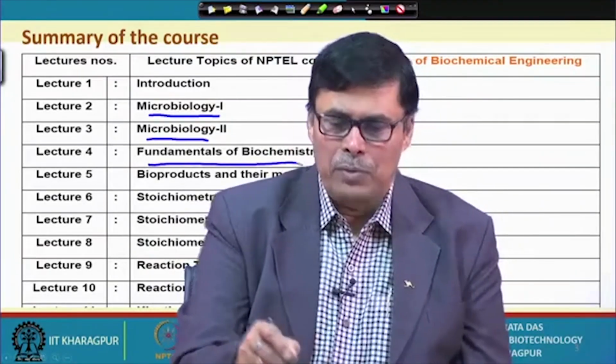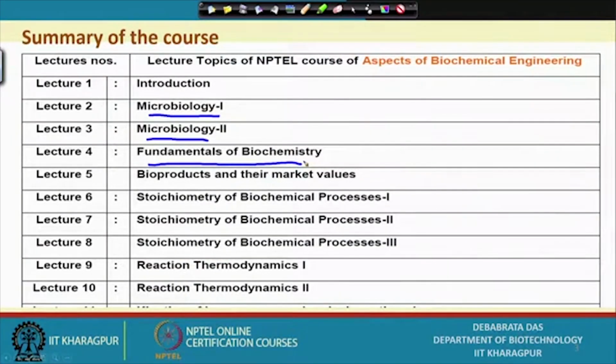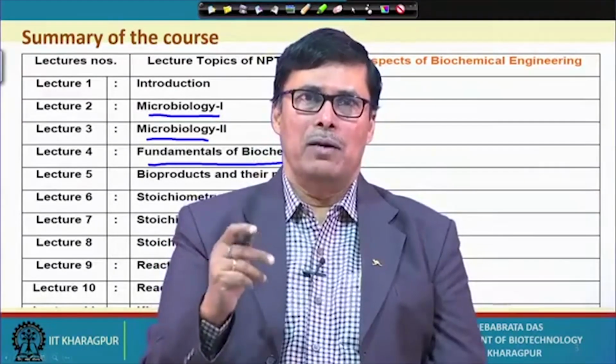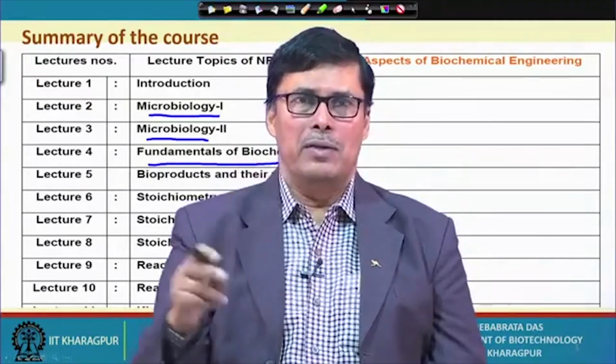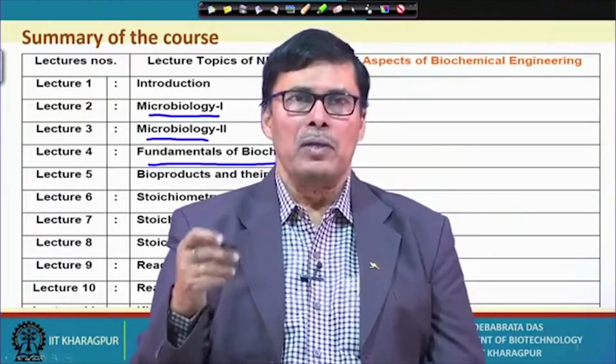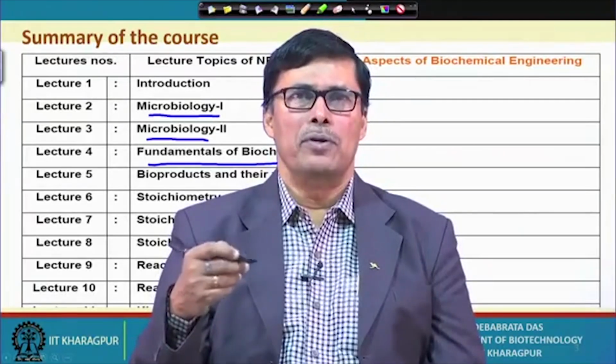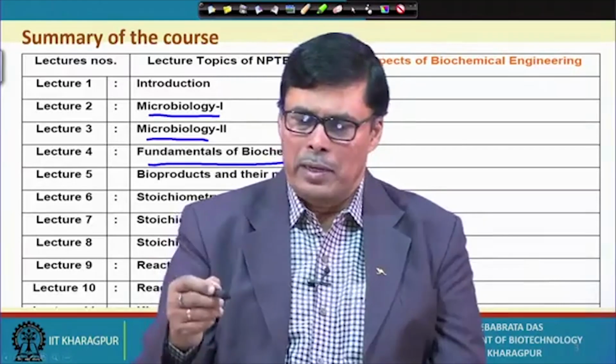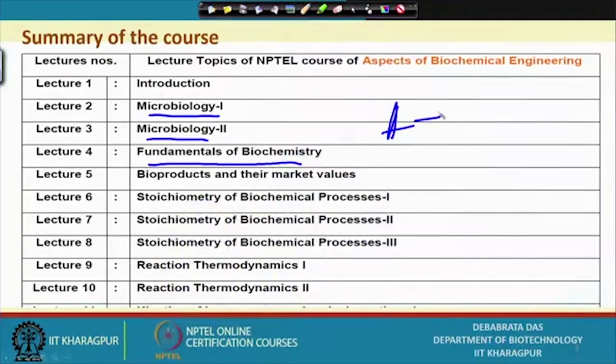After that we tried to give you some information on the biochemistry of the process, because as I told you, all the organisms follow a metabolic pathway. In the metabolic pathway you have a chain of reactions, and you have to find out those reactions so that you can have a strategy for how to get your desired product. I can give an example: suppose A to B, B to C, C to D, like this.